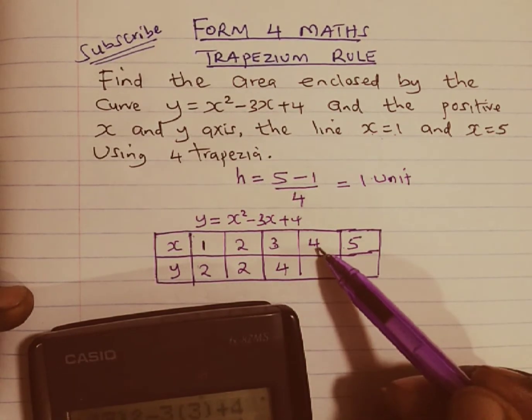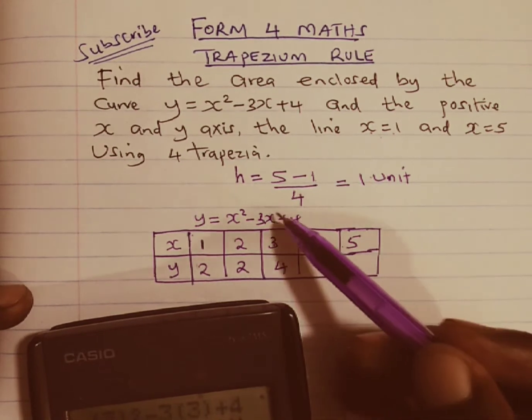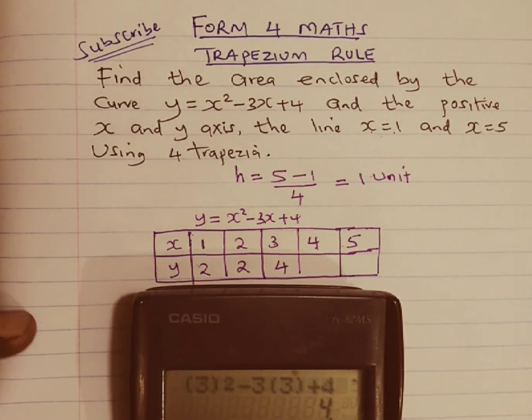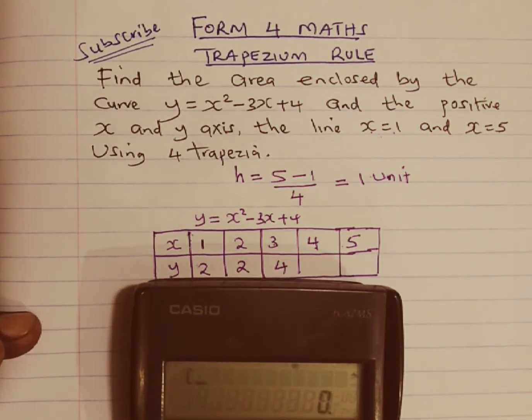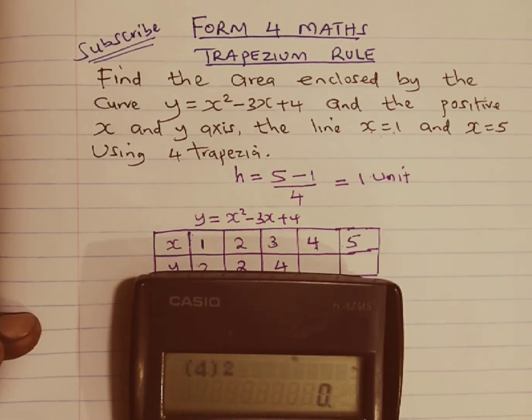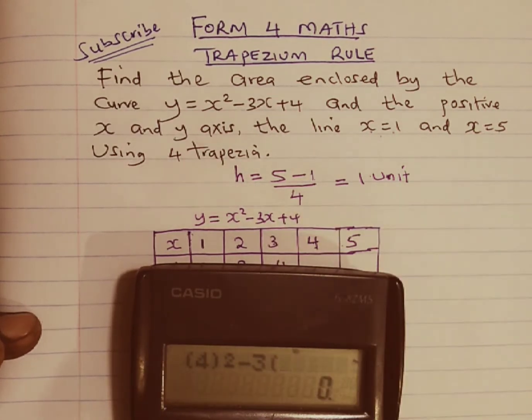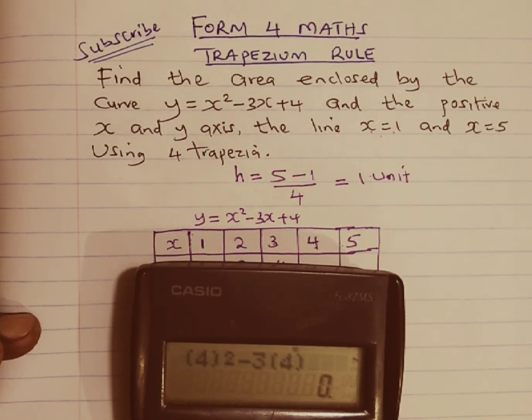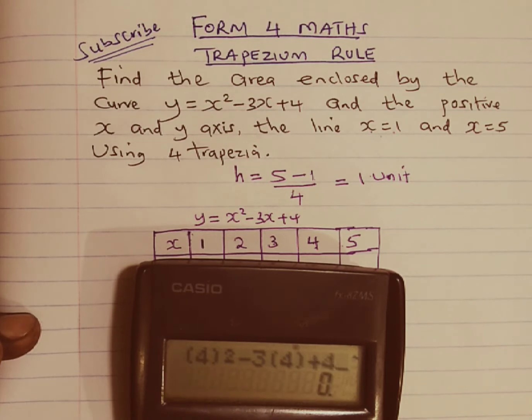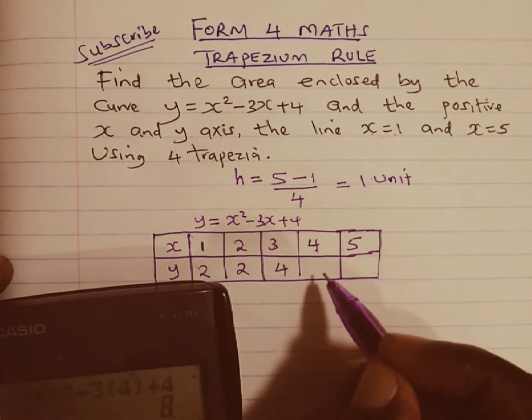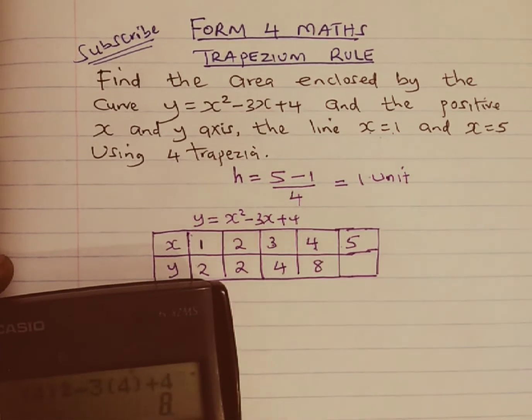When x is 4, we substitute it in the function, so we will be having 4 squared minus 3 into the value of x, x is 4. We add 4, and the value of y is going to be 8.